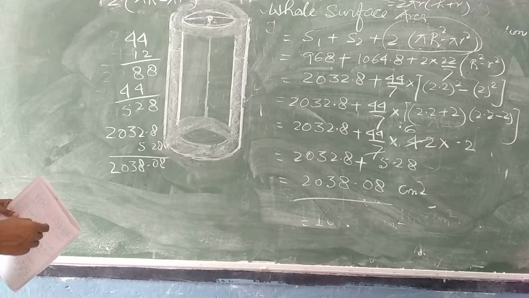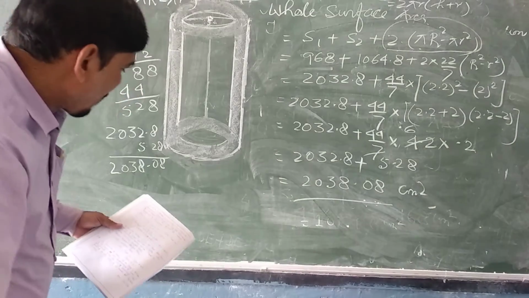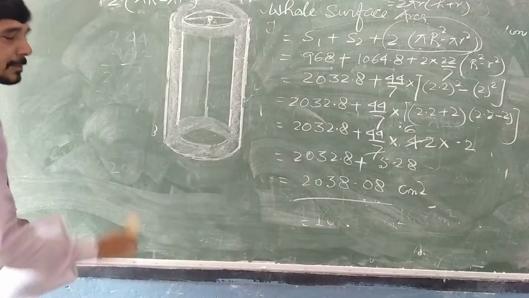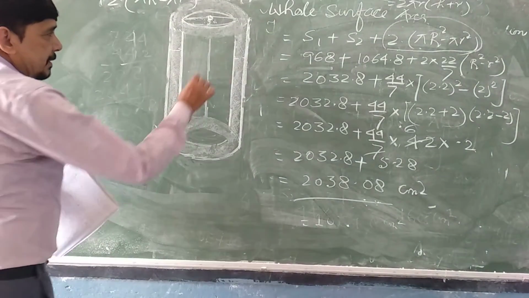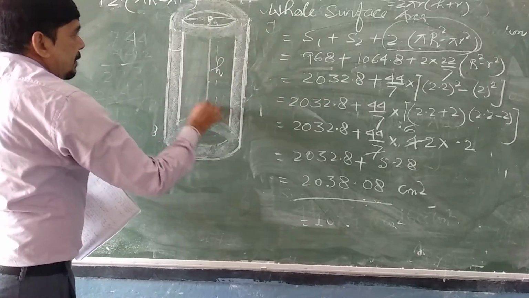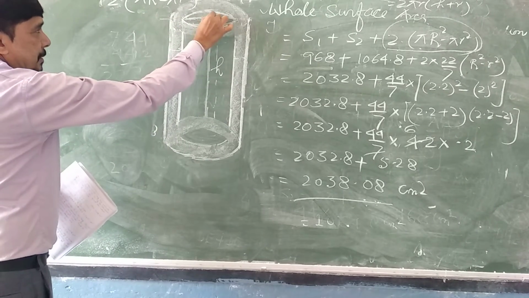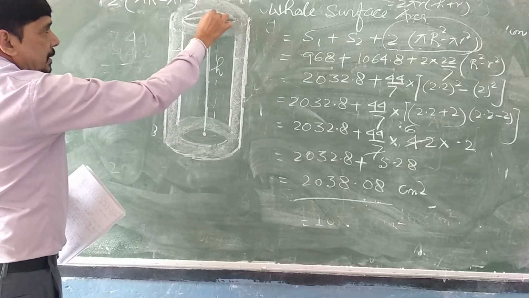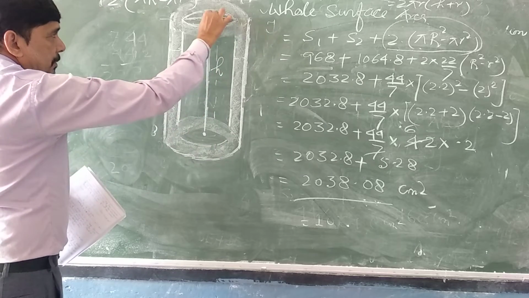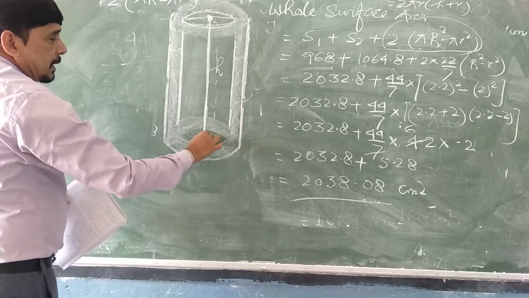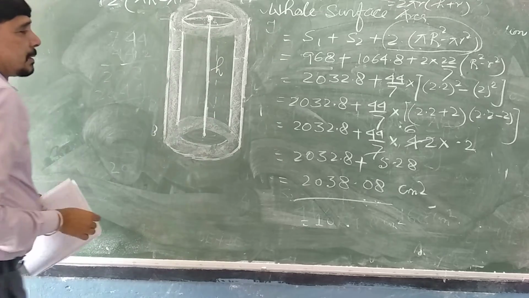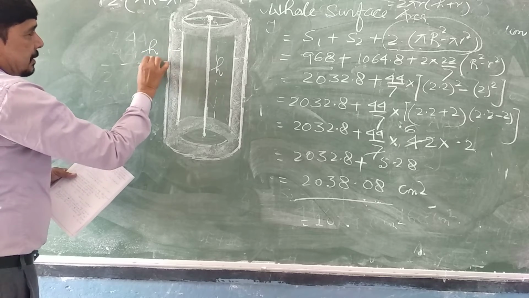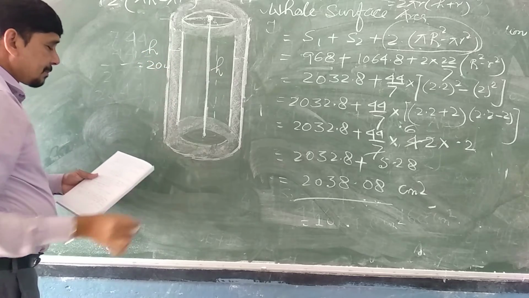Now it is given: iron pipe height, the line segment running between the centers of the circles. That is the height, and the height is given, h is equal to 20 centimeter.